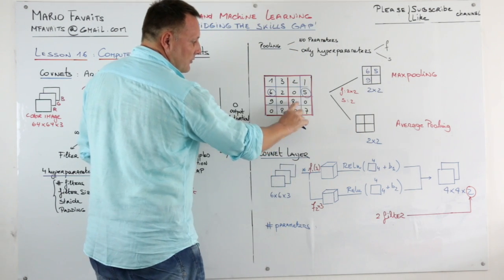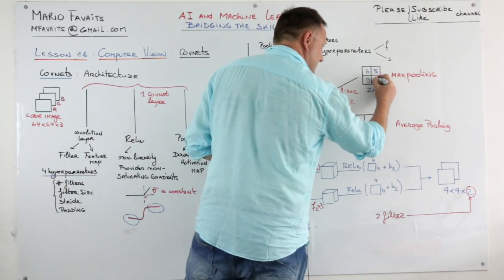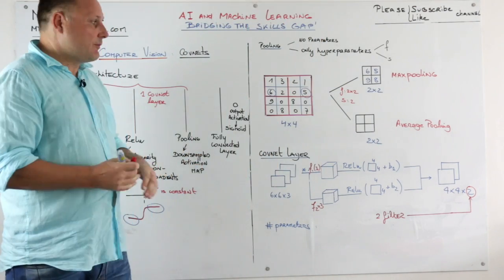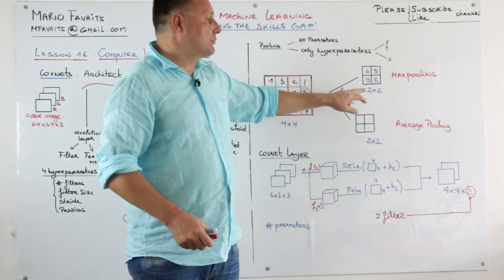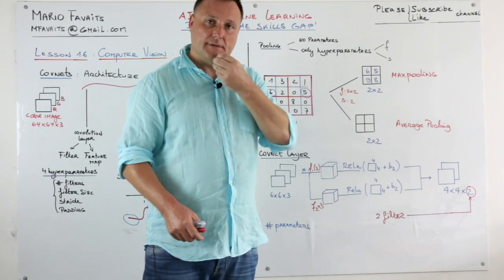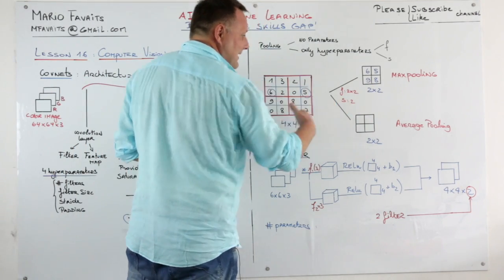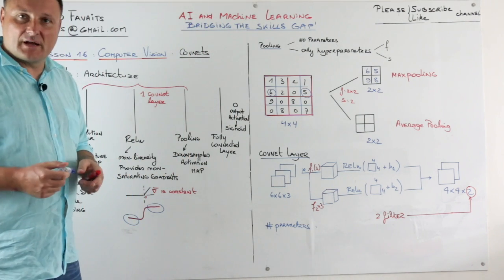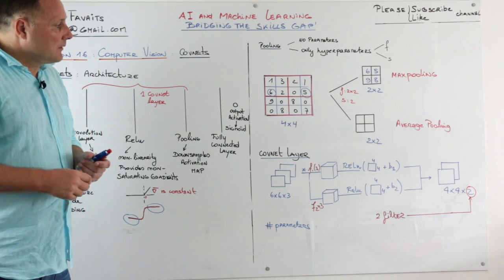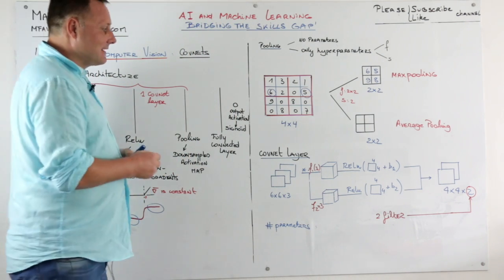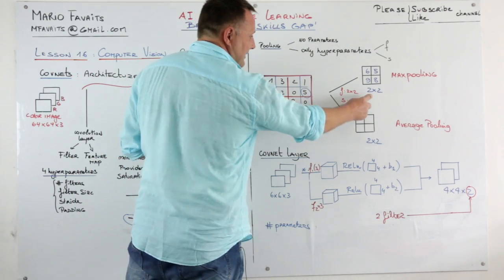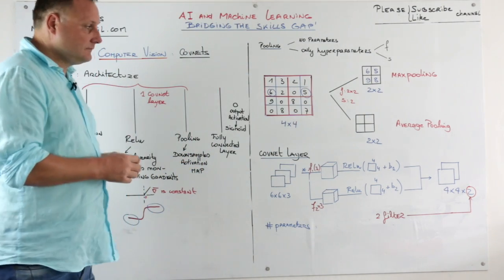And the lower right corner, the largest one is 8. So we went from a 4 by 4 to a 2 by 2. Every time we do pooling with a stride of 2, basically you will divide these dimensions by 2.